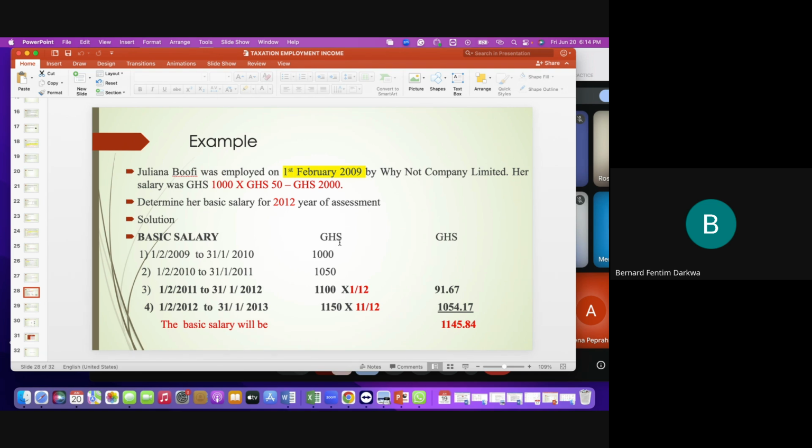I hope you remember that we did how to calculate the basic salary. Did we do the basic salary calculation?